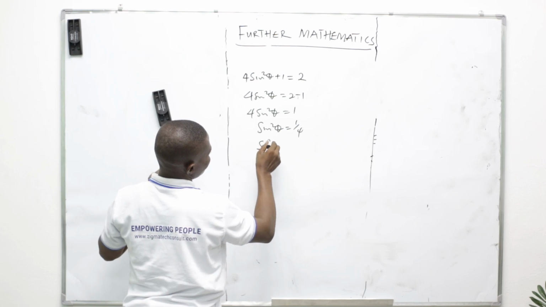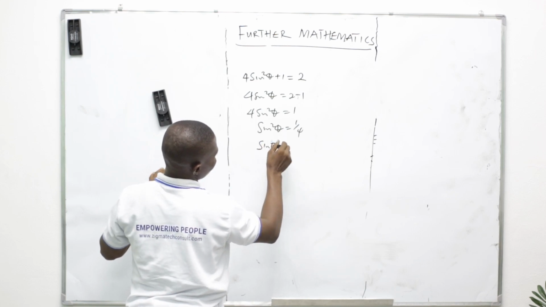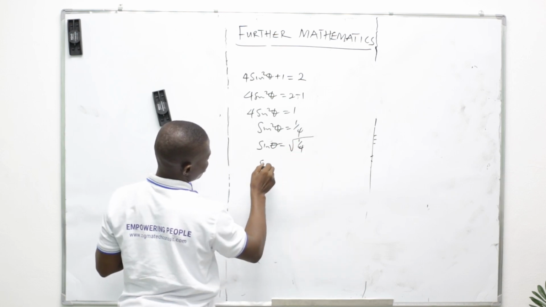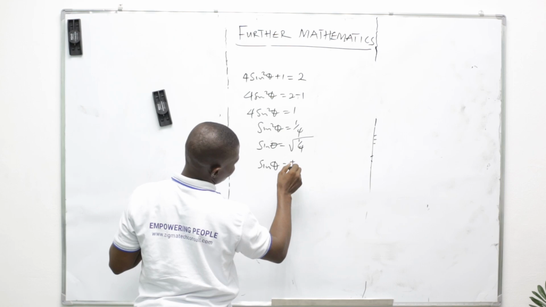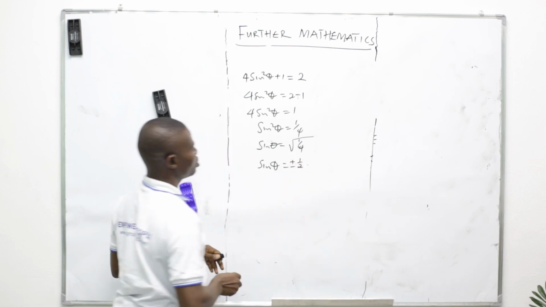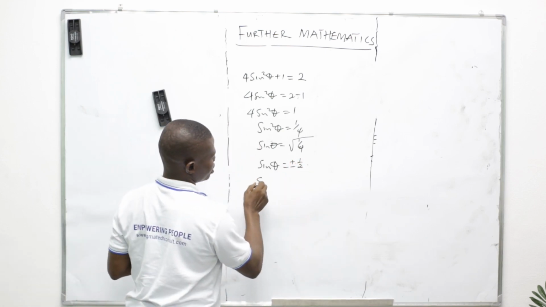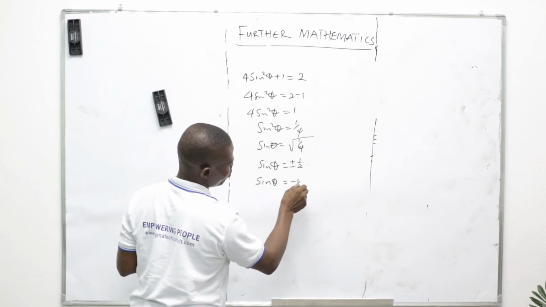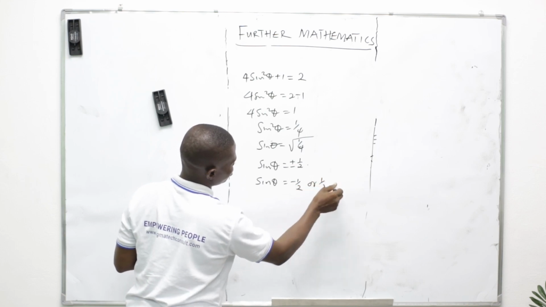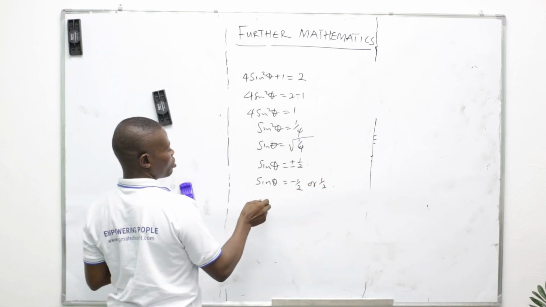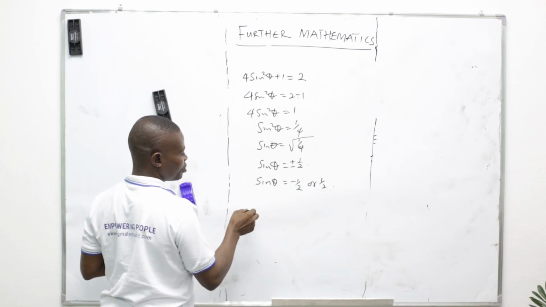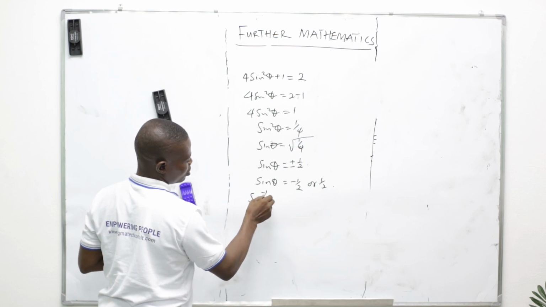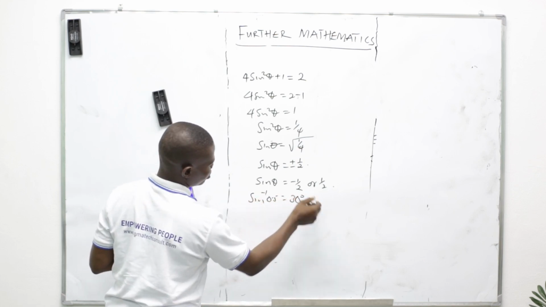Sine theta now equals square root of 1 over 4. So sine theta equals plus or minus 1 over 2. It means that sine theta will have two values, one for minus, one for plus. So 0.5, the sine inverse of 0.5 is 30 degrees.